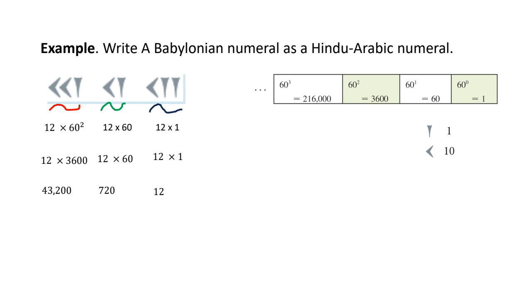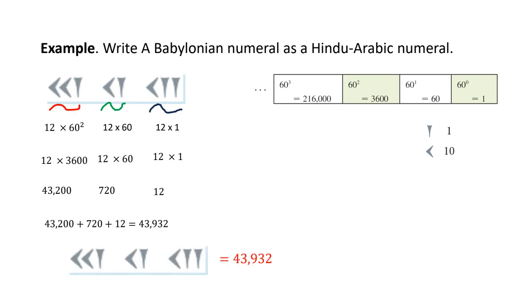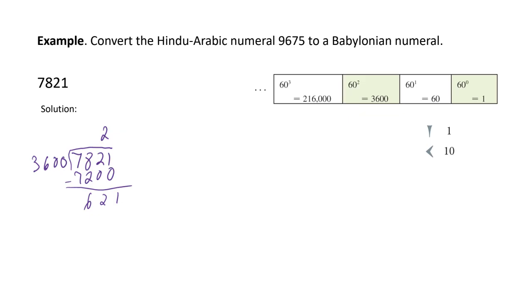And this is going to give you a total of 76,272. So once you multiply each numeral by its place value, you add those numbers, and that gives you the total. I'm going to skip it because I don't know if I have the right answer in here. But the answer is 76,272.